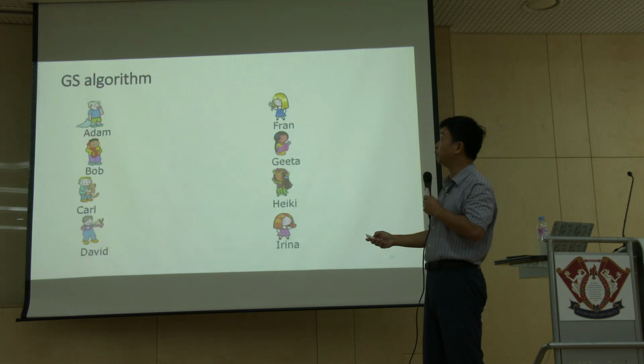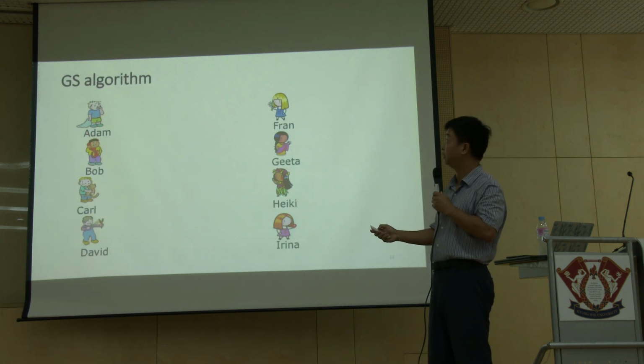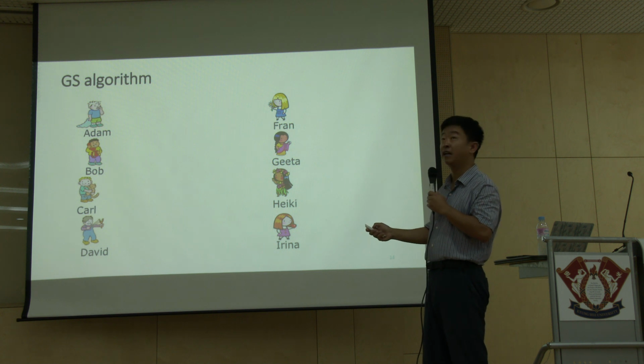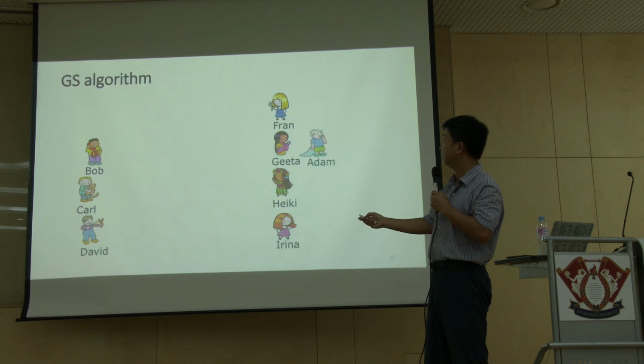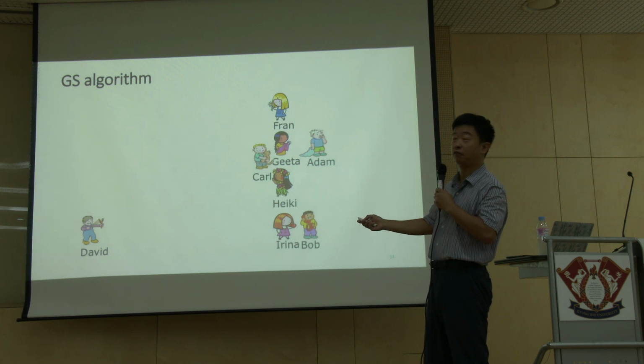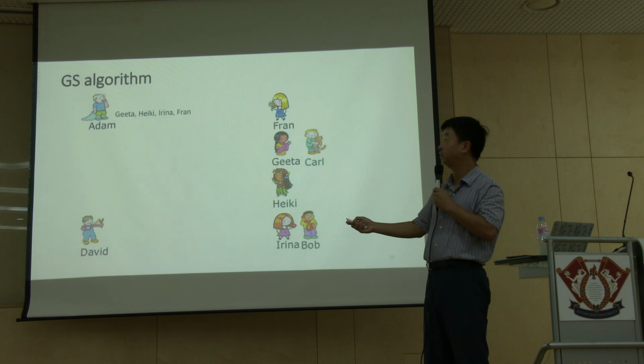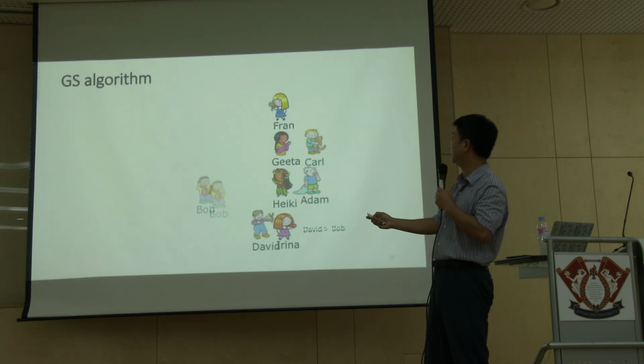And then the algorithm is always a generalized GS algorithm. They have many variations, but this is the very basic one. You have this preference list, you try to date, the other side also has the preference list, and then they match, something like that, and then finally it settles.